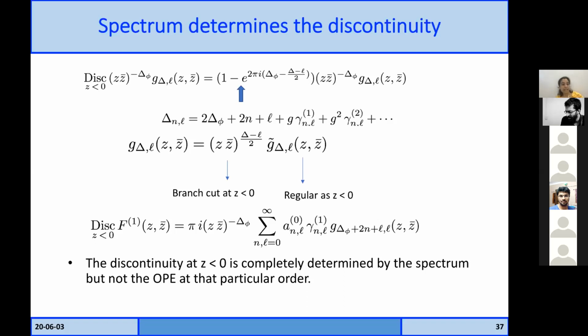Yes, exactly. If delta minus L is 2 delta phi minus some integer, then this will not start at order 0. Then we have to take care of the order 1 OPE coefficient, and that will be important. Is it clear?